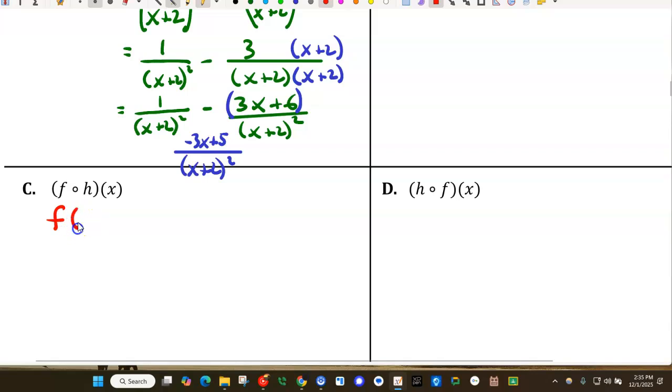F of h of x, lots of parentheses, it's going to be square root of x squared minus 3 times square root of x.